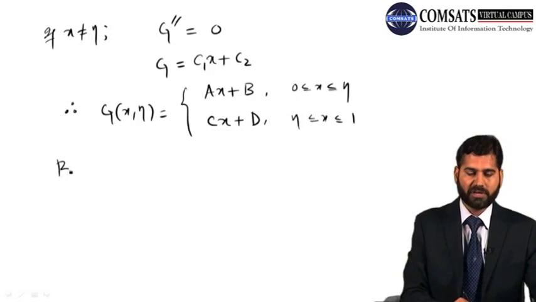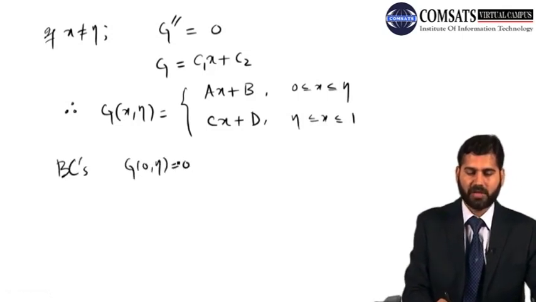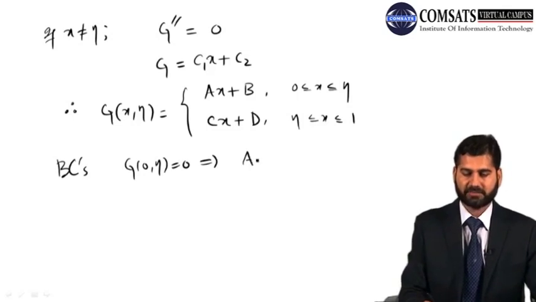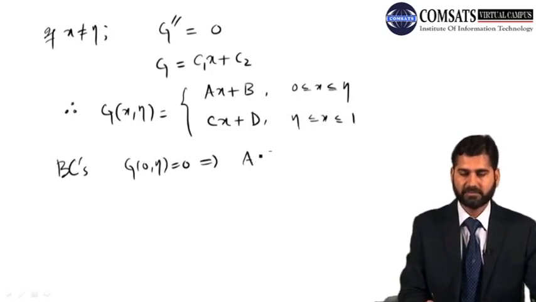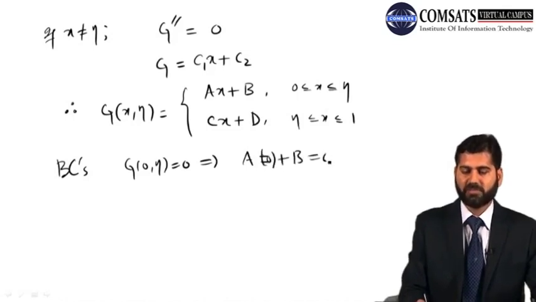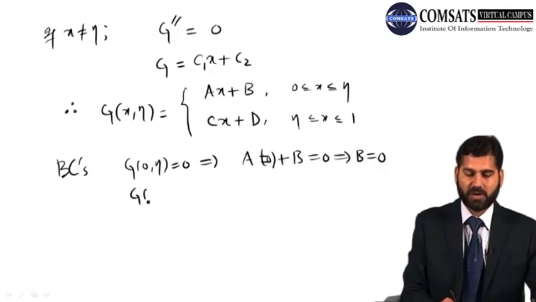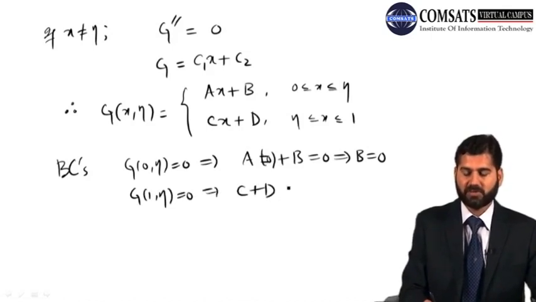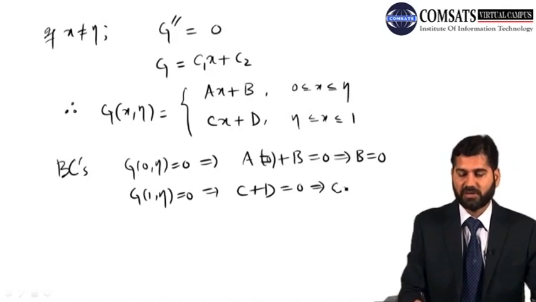Now if we use the boundary conditions, the boundary condition is G(0, eta) is equal to 0. So A times 0 plus B is equal to 0, so it means B is equal to 0. And G(1, eta) is equal to 0 implies that C plus D is equal to 0, so this implies that C is equal to -D.